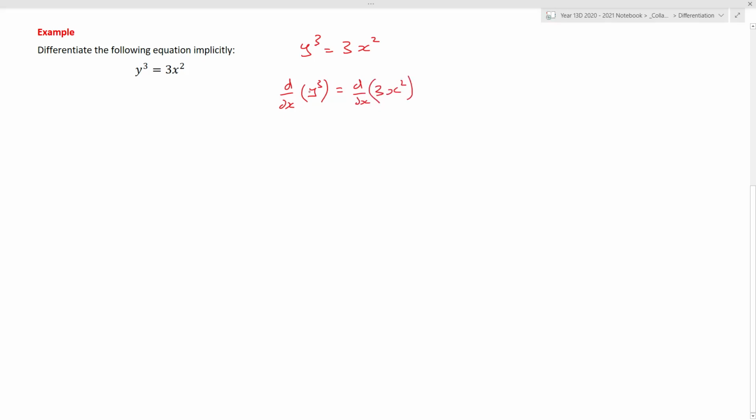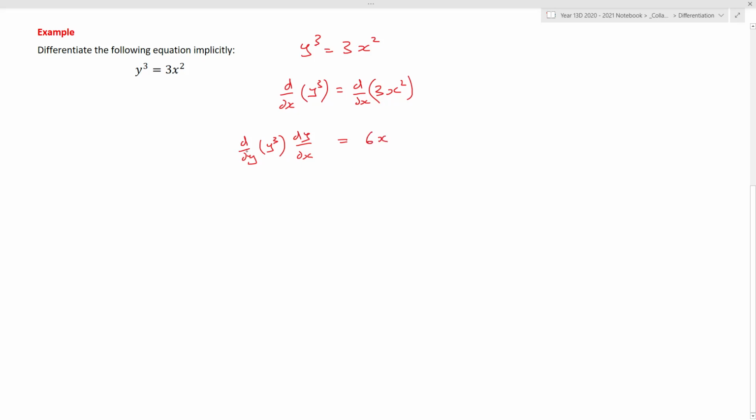Okay, so if we consider the left hand side, what we said, in order to differentiate that, what we do is we differentiate with respect to y. So we do d over dy of y cubed, and that's going to be multiplied by dy over dx. Okay, remember what we said about the y's cancelling? That's equal to, if I differentiate the right hand side, that gives me 6x.